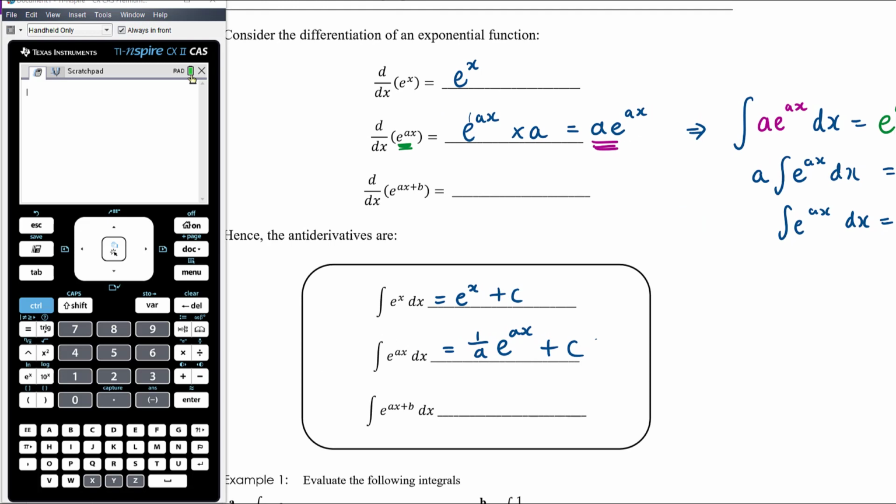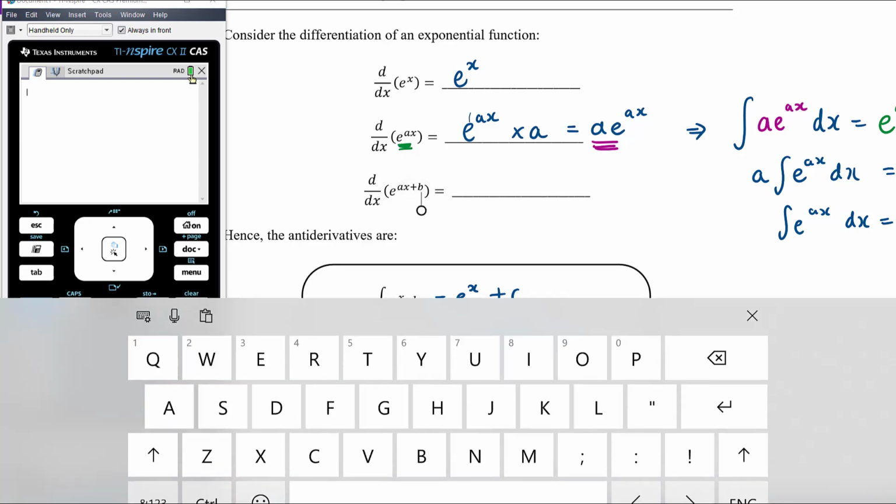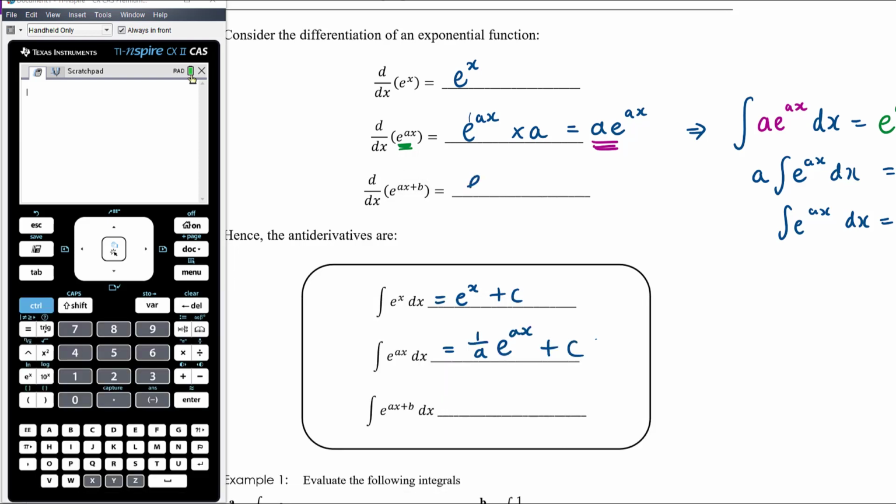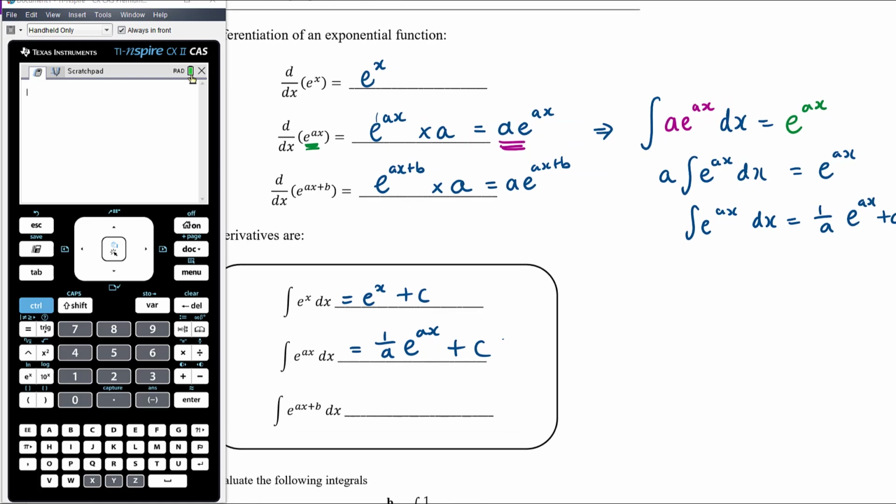Finally, let's think about our antiderivative if it's e to the ax plus b. So we know differentiating e to the ax plus b, derivative of e to the something, is still e to the something, and then we multiply by the derivative of the inside, which in this case is a. So we get a e to the ax plus b. And the same kind of logic applies in reversing that process.